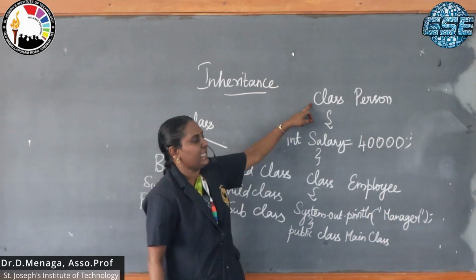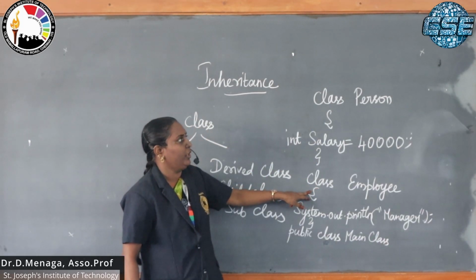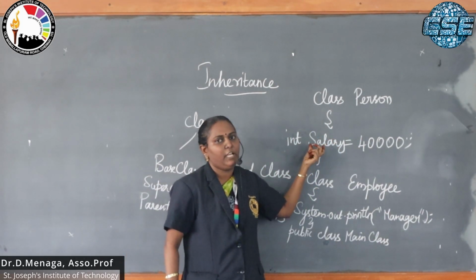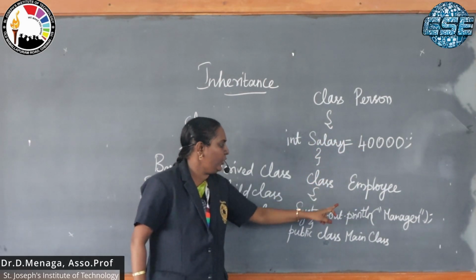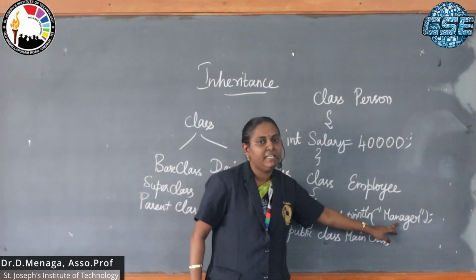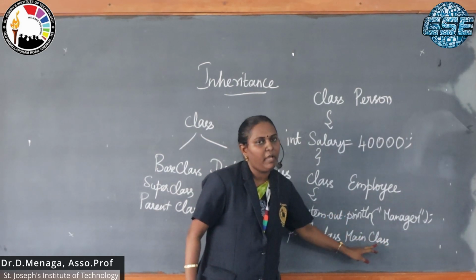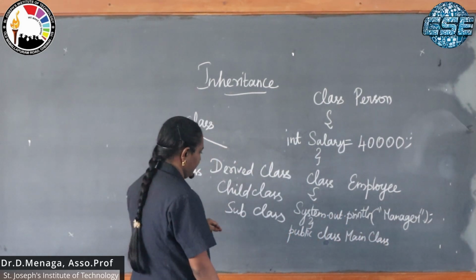So consider two classes, person and employee. The person has the value of salary as 40,000 and employee has the designation printed as manager. Now I am going to create an object.